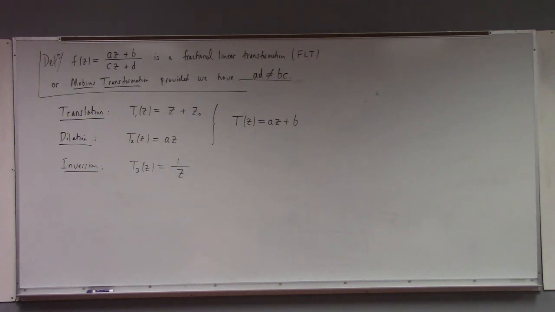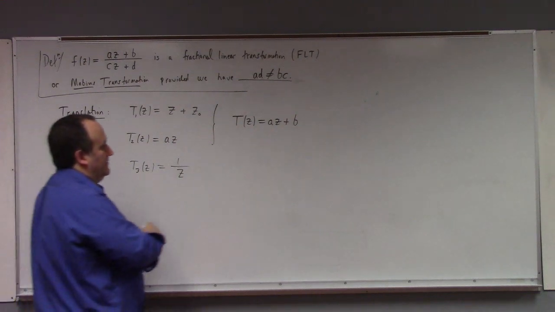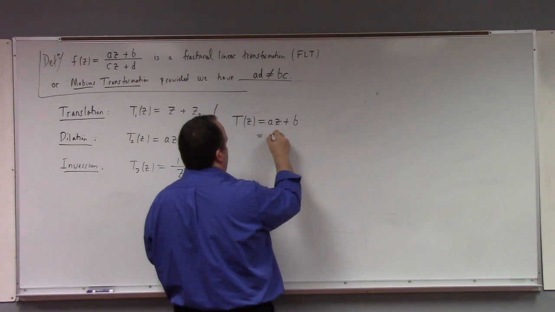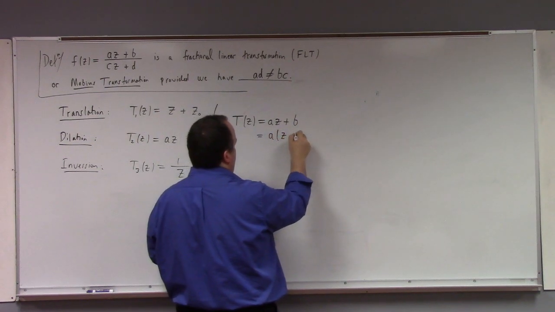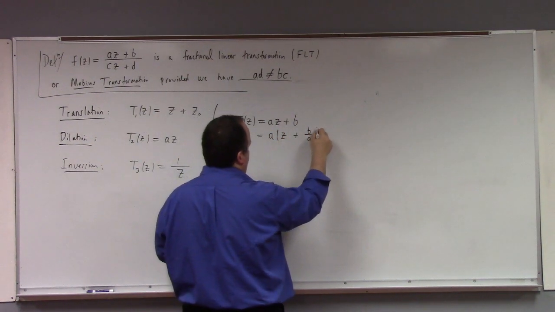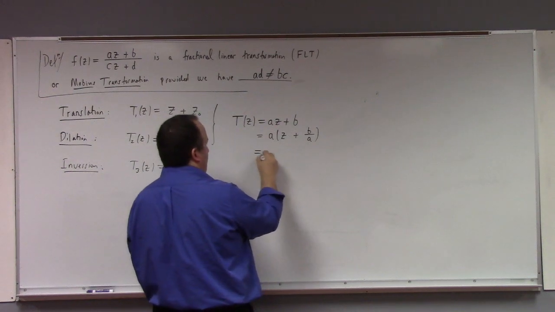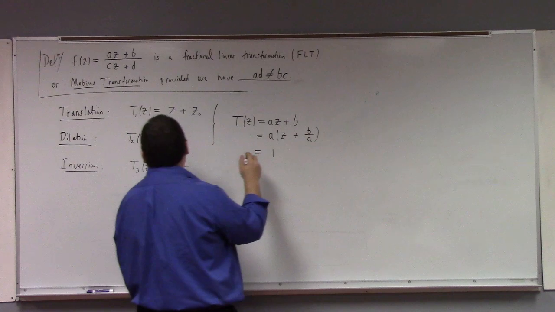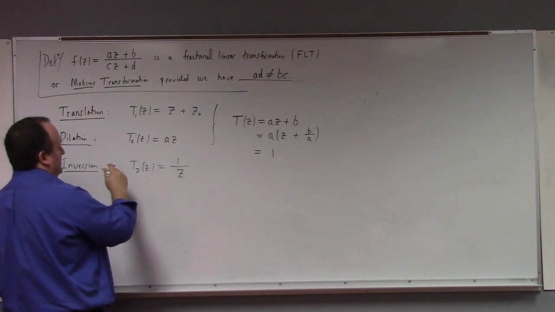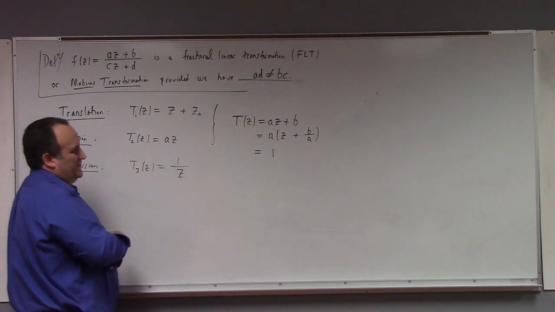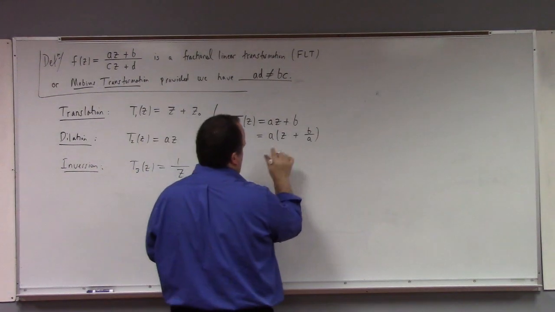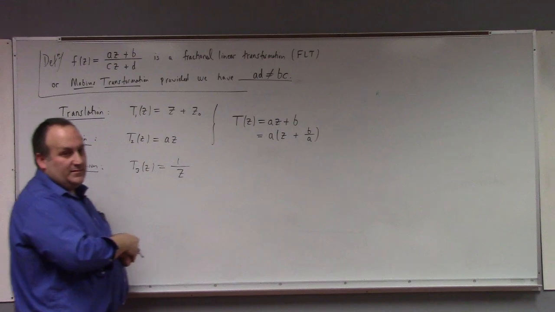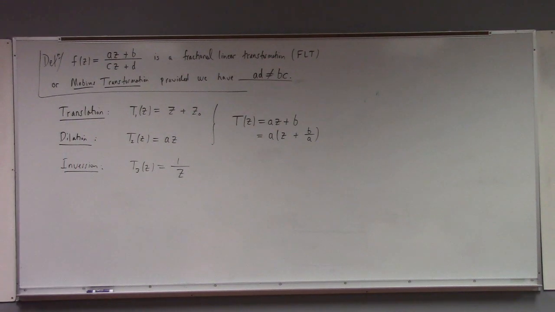You could rewrite this as A times Z plus B over A. So this is clearly a composition of the dilation by A and the translation by B over A, right? Okay, so that's one thing.